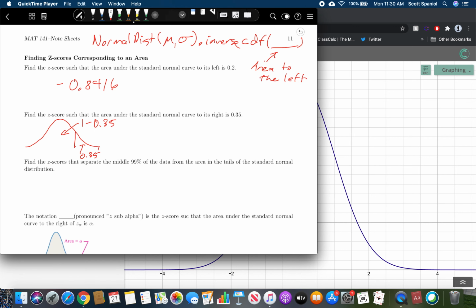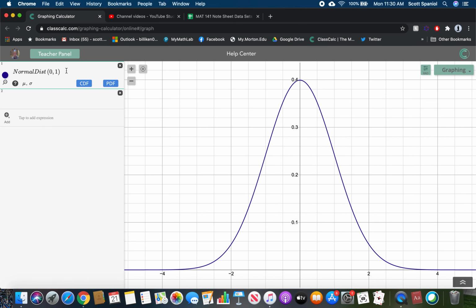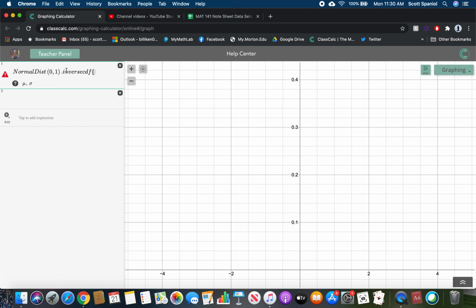So we can do the same command we just did, except this time I'm going to put in 1 minus 0.35. And this time it'll tell me that the data value is 0.3853. Okay? So that's the idea of how this works.